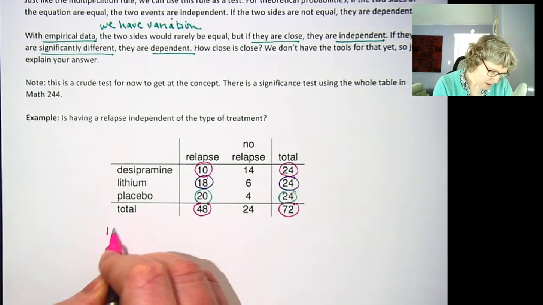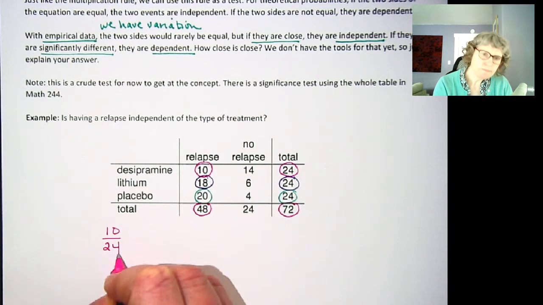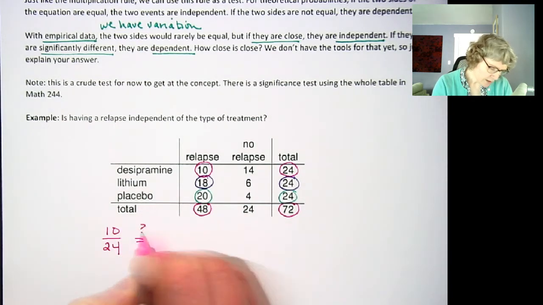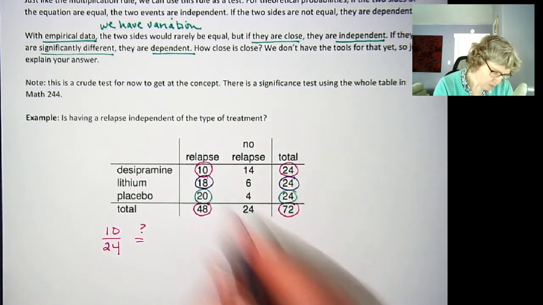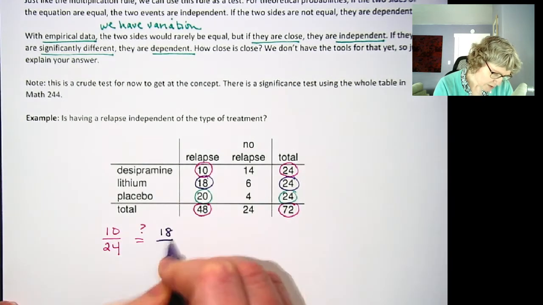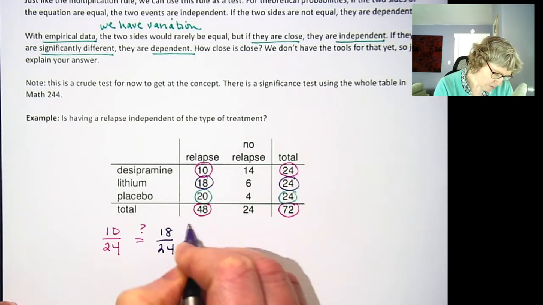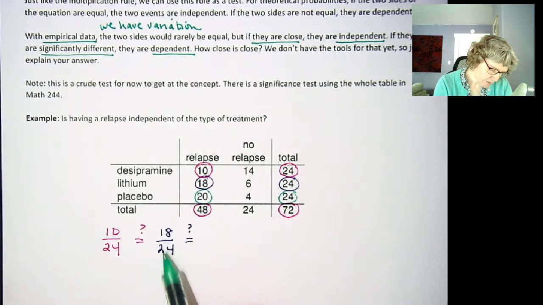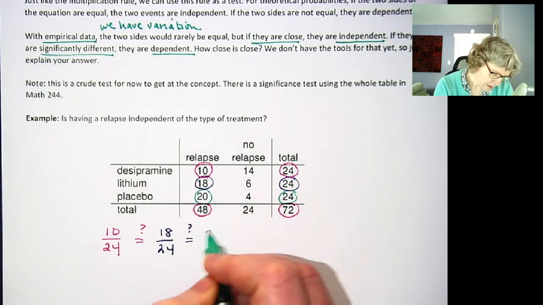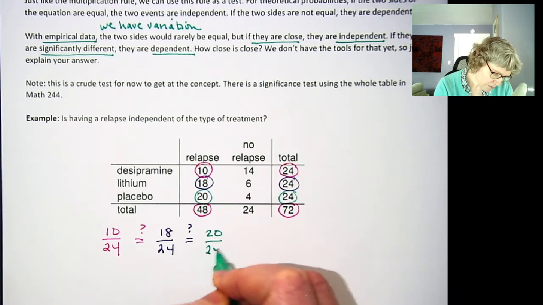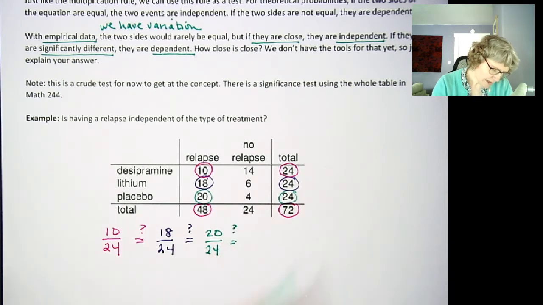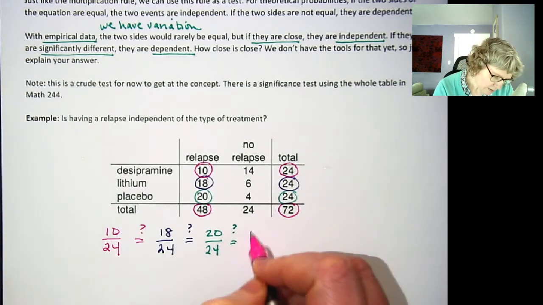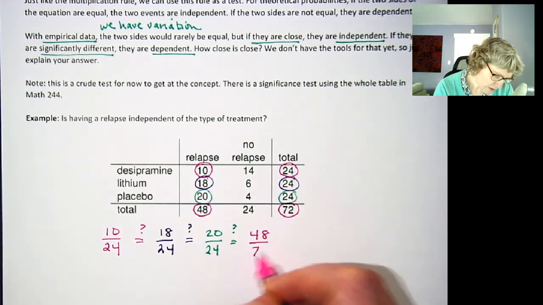I'm going to go 10 out of 24, and I'm going to compare all of these. We could do just one, but it's even more meaningful to compare all of these. So 10 out of 24 compared with 18 out of 24, with 20 out of 24. Are these the same as 48 out of 72?